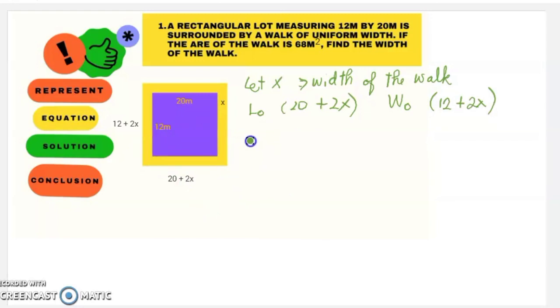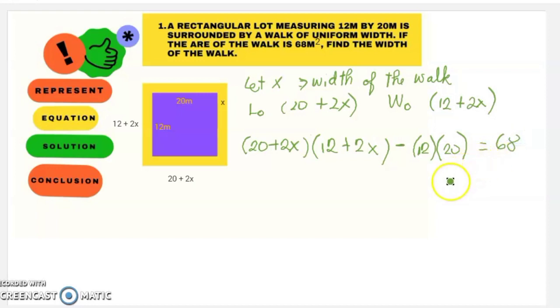So, ang ibig lang sabihin niyan is 20 plus 2x times 12 plus 2x minus, ito yung area nung malaki, minus yung area daw nung maliit na rectangle. So, multiply nyo lang yan. 12, length times width lang, diba? 12 times 20. Para makuha yung area nung walk, which is 68 square meters.